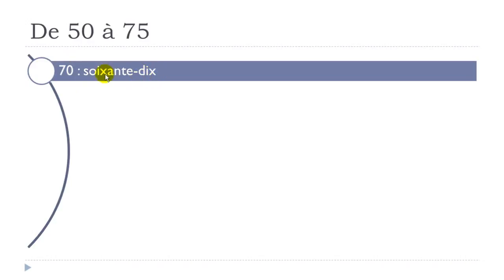So for this 70 session, you will have to use this 60 and then 10, and so all the numbers from 10 to 19, you will have to put them right here after. Okay, so let's see how it goes.